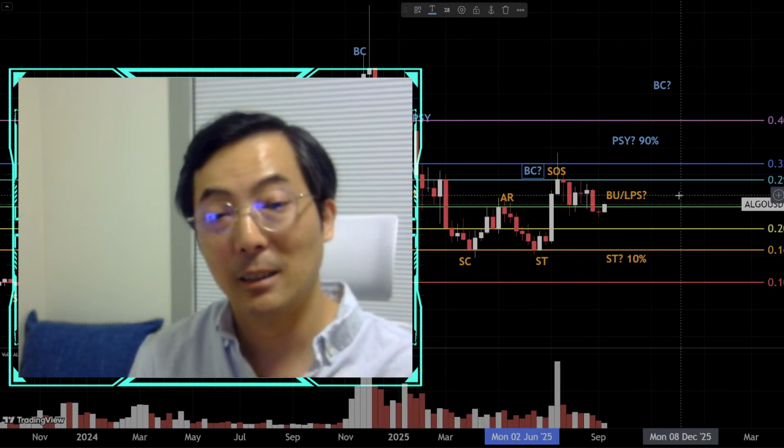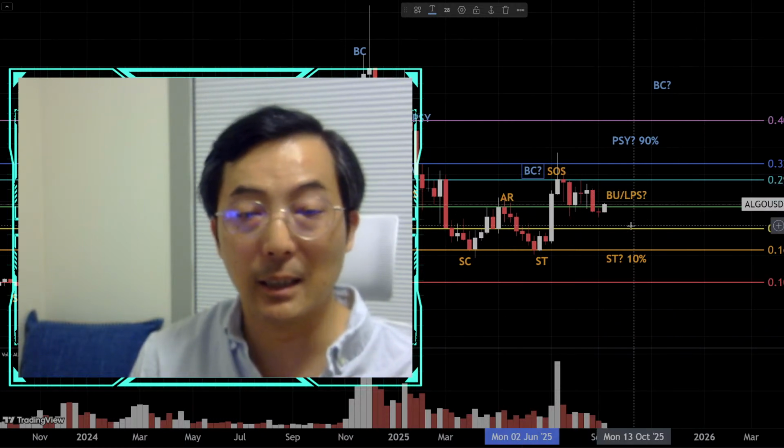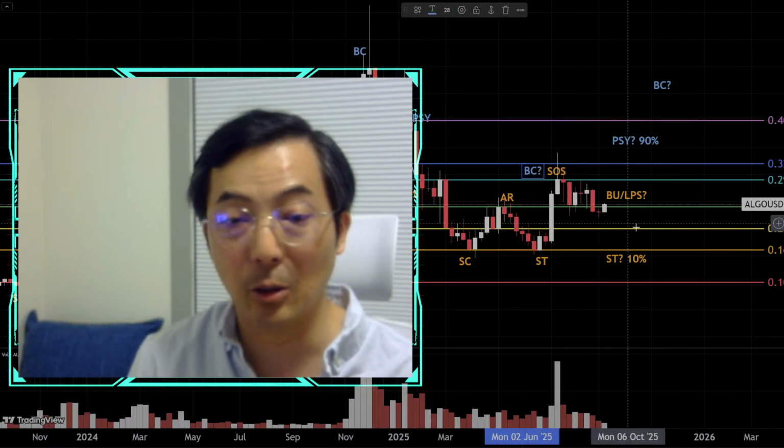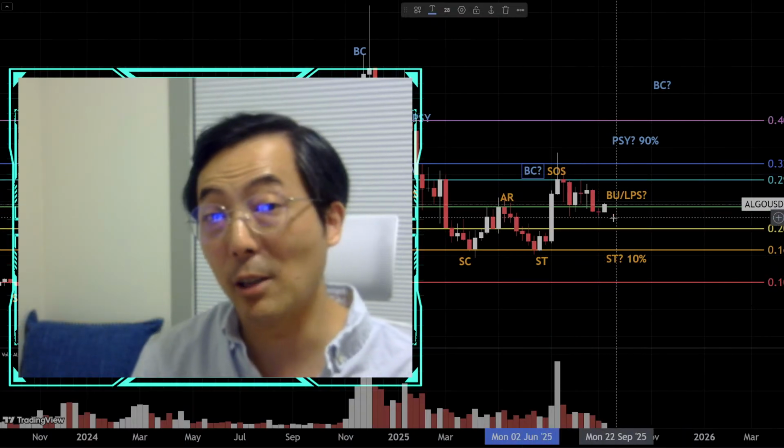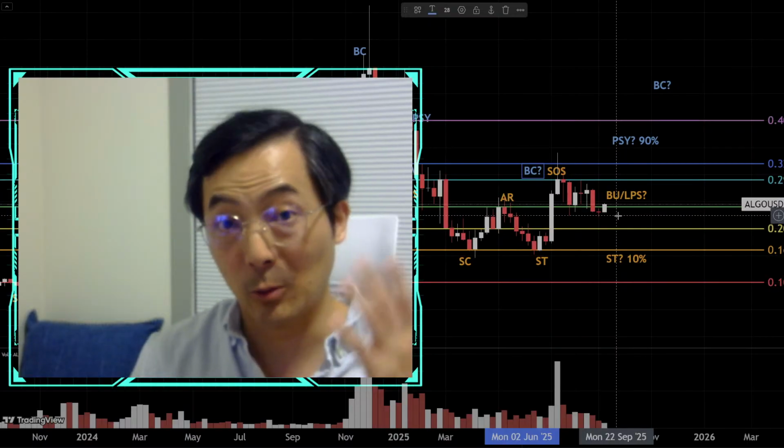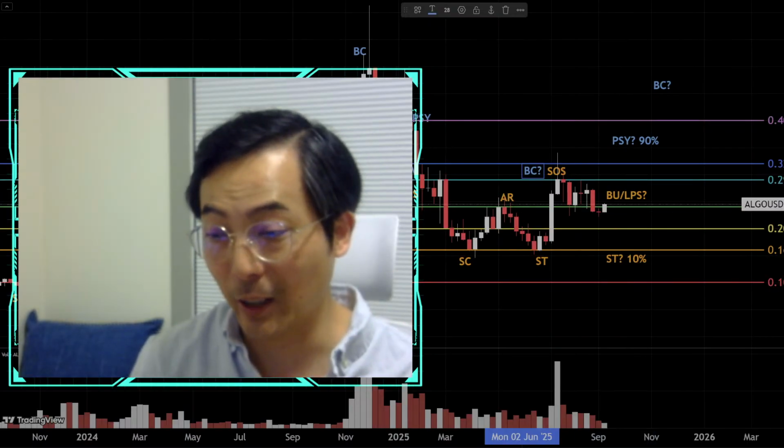But this week it seems like it has found support around the green key level and a platform stage kind of formed. So let's quickly take a look and see what's going on.